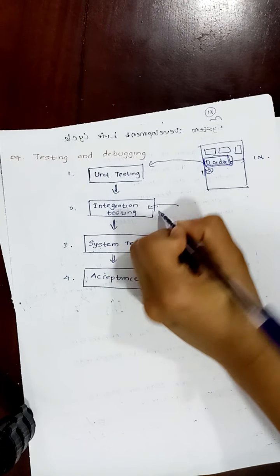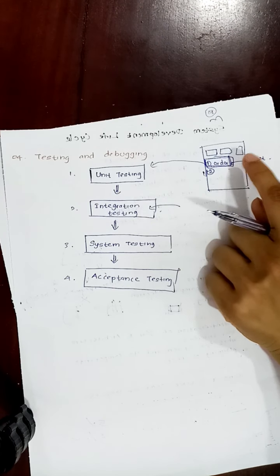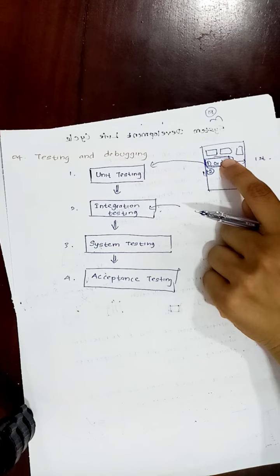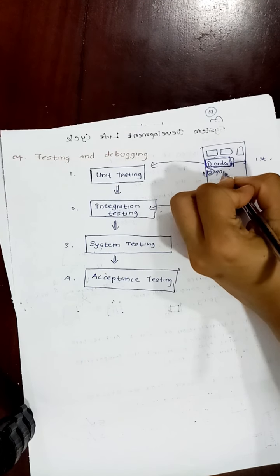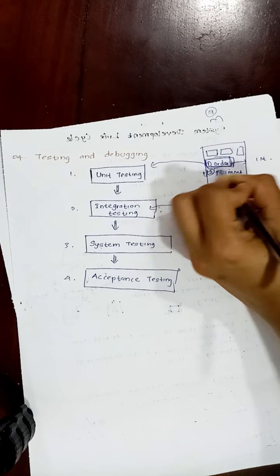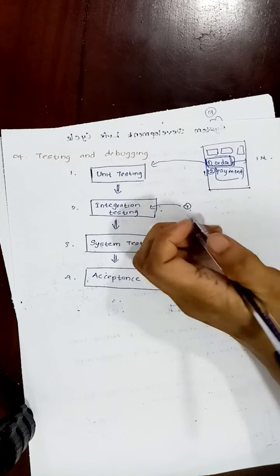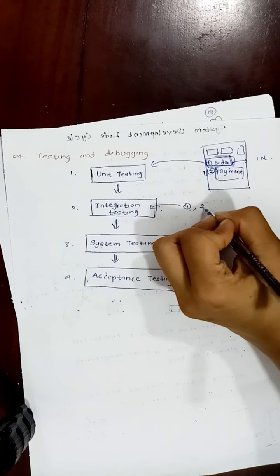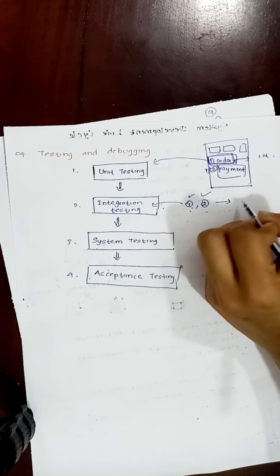Integration testing in the sense, now you are testing order. If this order function is okay, now you are keeping that aside, and now you are checking the payment function, whether the payment function is working correctly or not. You are checking again. Then okay, payment function is also okay. Now you are checking both combined.